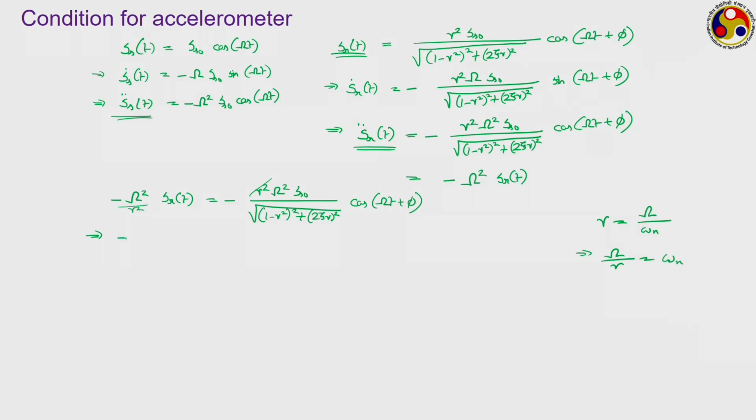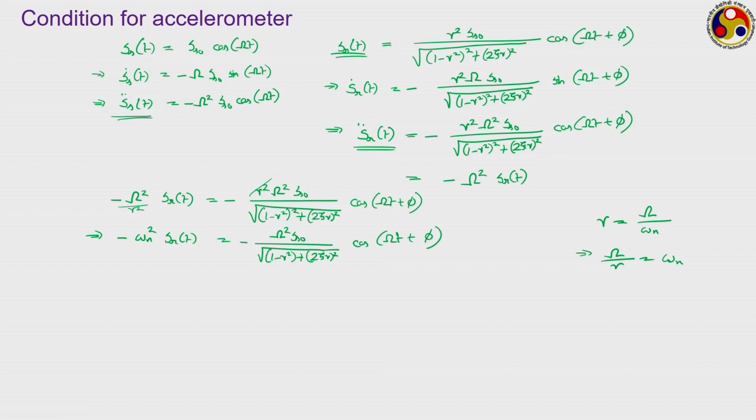So, we have minus omega n square S_R(t) is equal to minus omega square S_S0 by root over (1 minus r square) whole square plus (2 zeta r) whole square, cos of omega t plus phi.